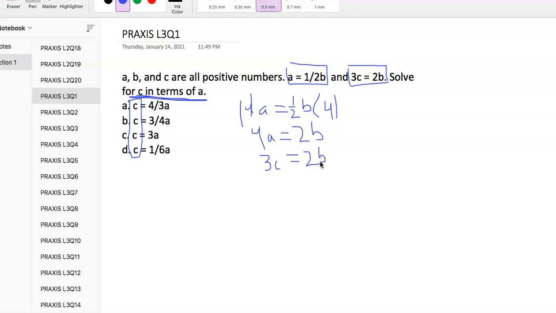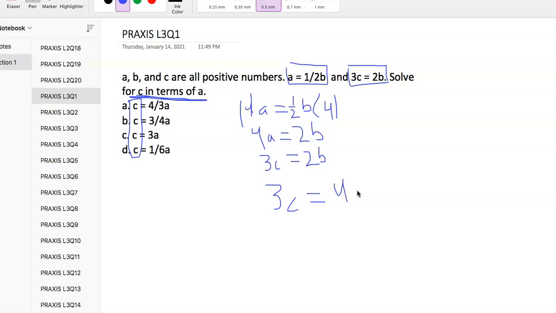So I know that 4A is 2B, 3C is 2B. So could I also then say that 3C equals 4A? Because I'm trying to solve for C in terms of A, right?